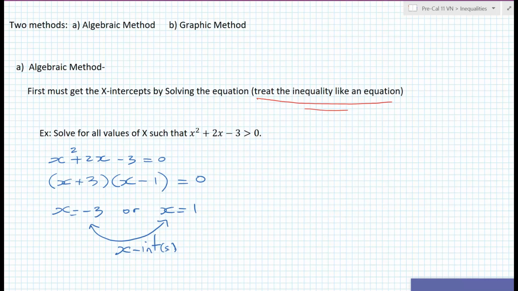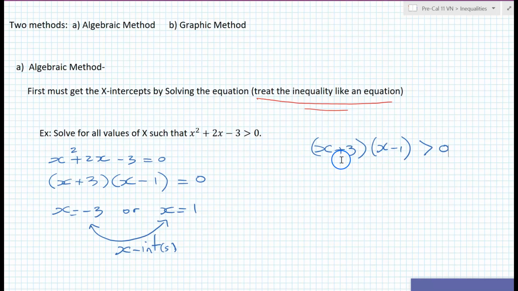So now this is the part of the algebraic method that you have to use, through the logic of the sign operation. So we are looking at solving basically x plus 3 times x minus 1 greater than 0. That means we want to solve for all values of x such that that inequality is true.